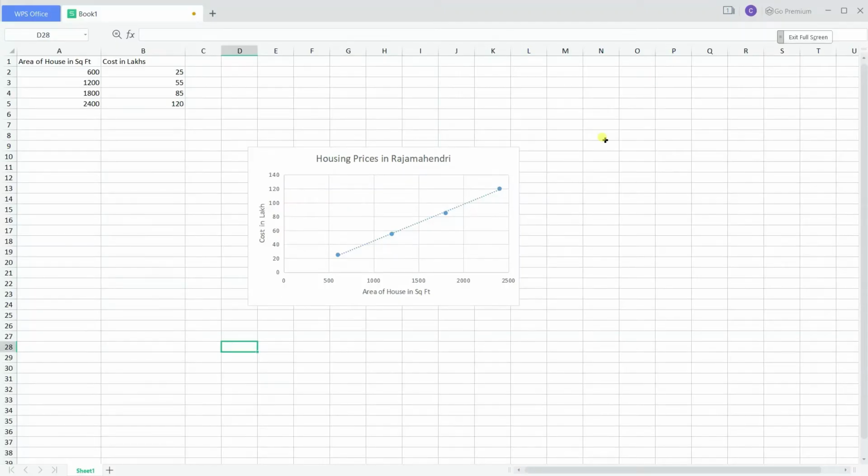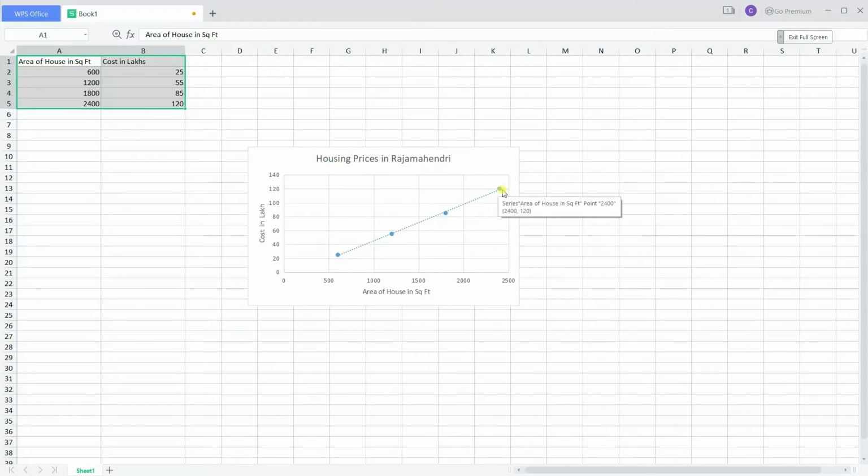Now let us discuss what regression is and then we move on to classification. This is our training data set and we have two columns, namely area of house in square feet and the cost of house in lakhs. We have the same information represented pictorially here, and this line represents the relationship between the area of the house and its cost.